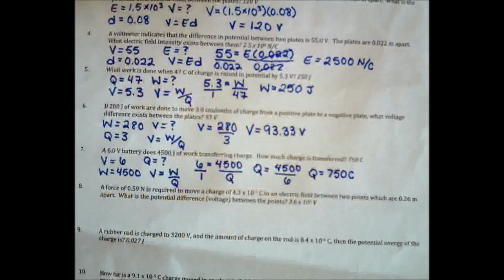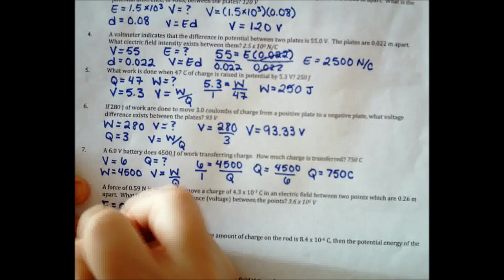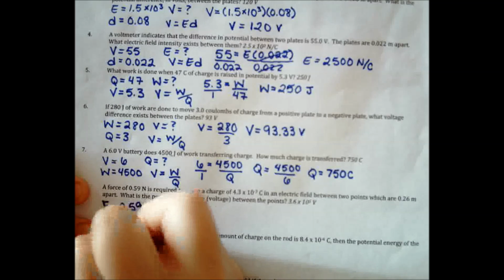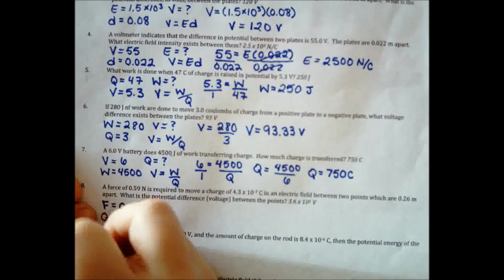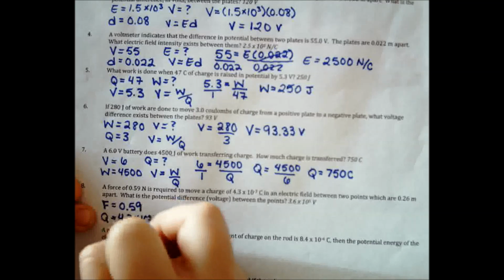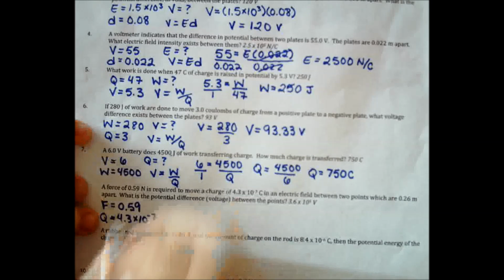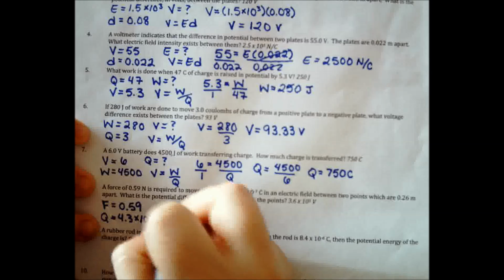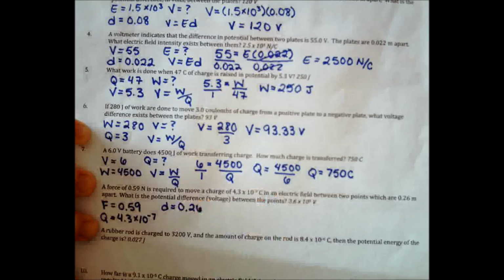Alright, number 8. A force of 0.59 newtons is required to move a charge of 4.3 times 10 to the -7 coulombs in an electric field between 2 points, which are 0.263 meters apart.